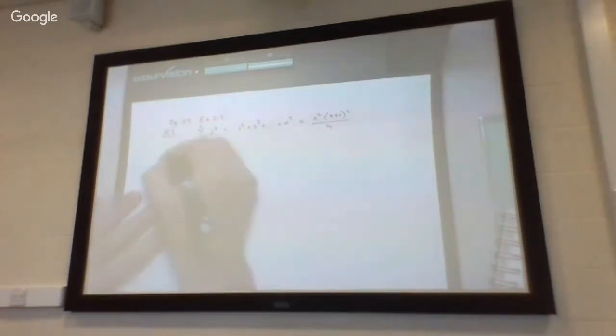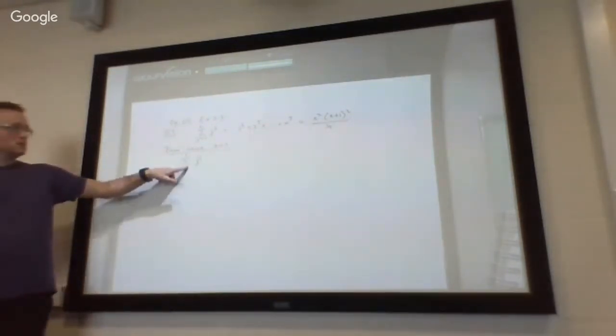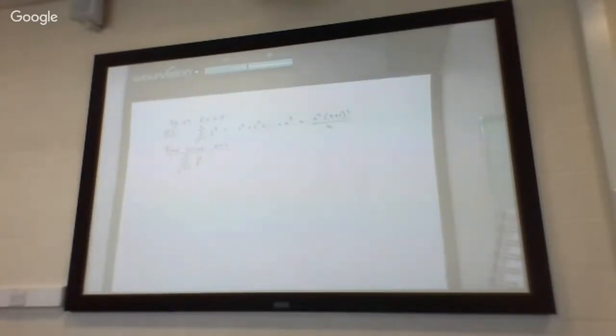So the base case here should be n equals 1. There shouldn't really be anything to prove here. It should just be a simple observation. If you add up j cubed for every value of j between 1 and 1, there's only one option: one value of j, which is just 1 cubed, and that's definitely equal to 1.